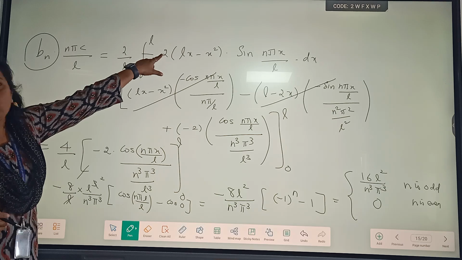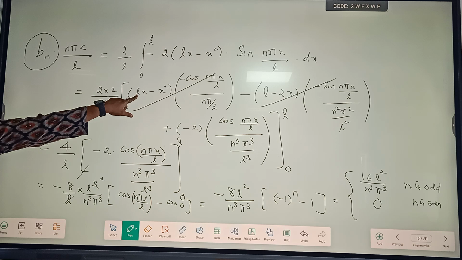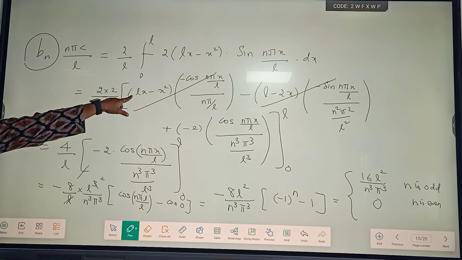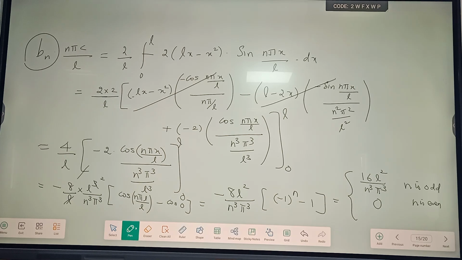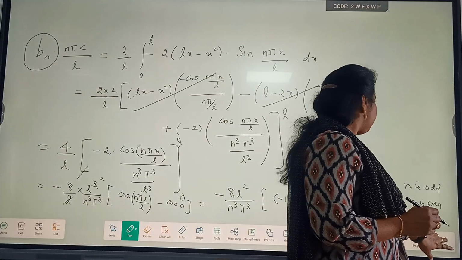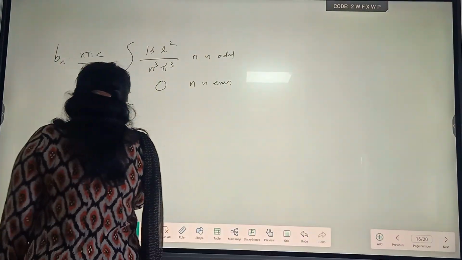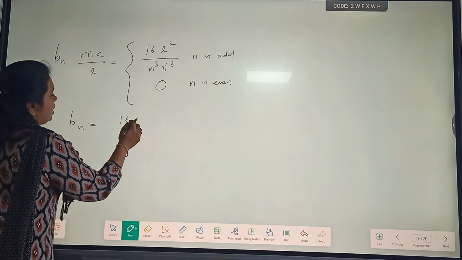Already outside, but 2 is multiplied. Yes, because if you apply the upper limit and lower limit, L square minus L square, and at 0, x is 0. Therefore, we want the answer only for Bn. So bring the term to the other side.